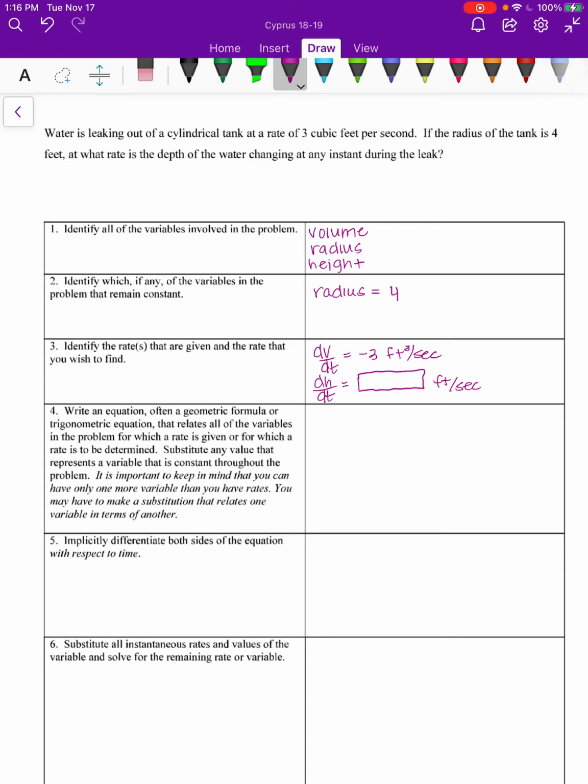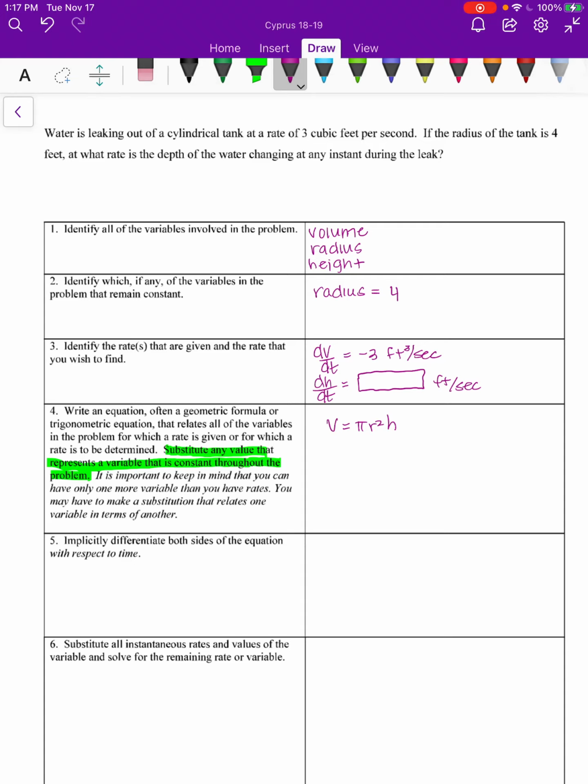So what's an equation we can use to relate all of our variables? Almost always it's going to be your formula for volume, especially when we're talking about a volume problem like this. So this would be the volume of a cylinder. The volume of a cylinder is pi r squared h. But now remember how I highlighted before, we want to substitute any value that represents a variable that is constant at this point.